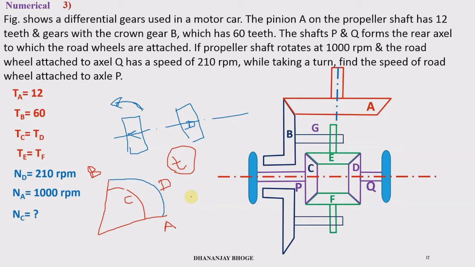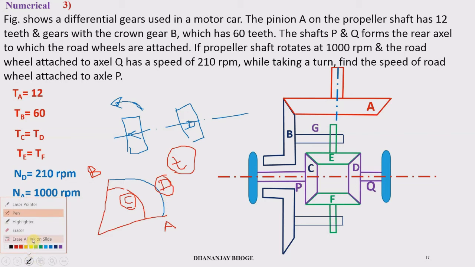So velocity equals distance upon time. टाइम सेम जर असेल, डिस्टन्स चेंज झाला म्हणजे वेलॉसिटी पण चेंज व्हायला पाहिजे. दॅट इज फिजिक्स. मग काय व्हायला पाहिजे, C will rotate with less speed and D will rotate with more speed, so that they cover this distance AB in same amount of time.